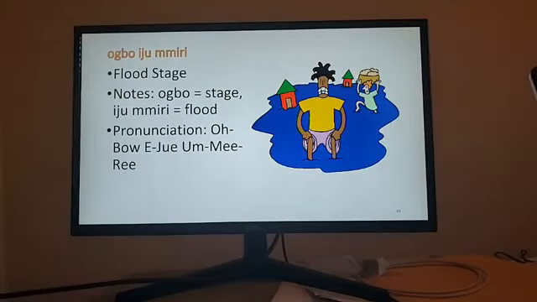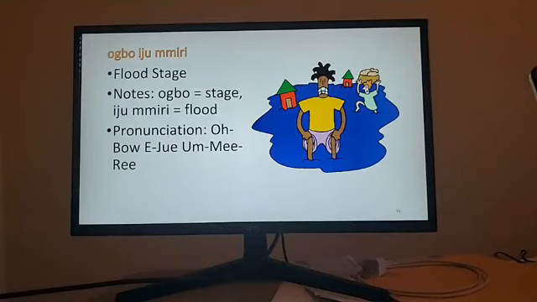Almost finished here. If you ever watch weather forecast, they may tell you what stage of the flood that it's in. Okay, so in other words, how severe the flood actually is. To do that, you're going to use exactly what you did earlier for flood, E-Jue Um-Mee-Ree. You're just going to put a word in front of it for stage, which is ogbo.